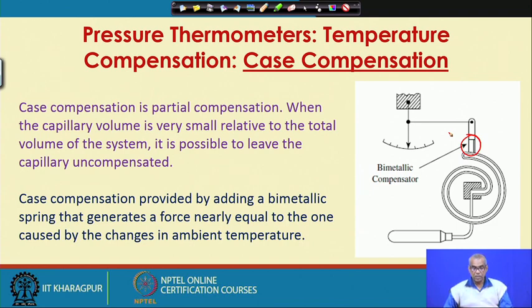Now, this bimetallic spring is so designed that the deflection in the bimetallic spring is equal and opposite to the additional deflection caused in this pressure element due to change in ambient temperature. Then it is possible to compensate for the effect of ambient temperature in the pressure spring, and this is how case compensation is achieved.